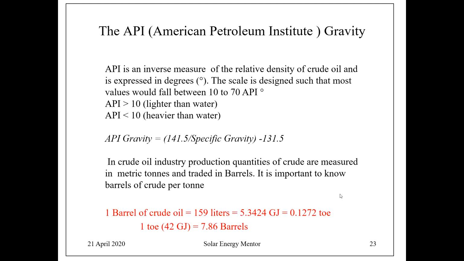In gigajoules, 1 barrel of crude oil has 0.1272 tons of oil equivalent, and 1 ton of oil equivalent is 42 gigajoules. So 1 ton of oil equivalent corresponds to 7.86 barrels.